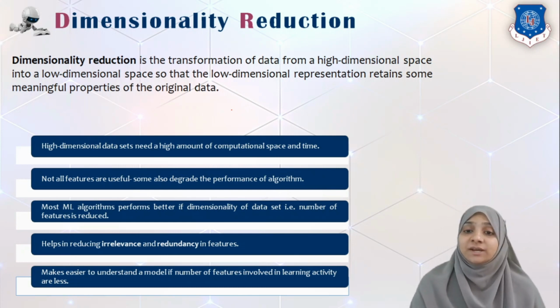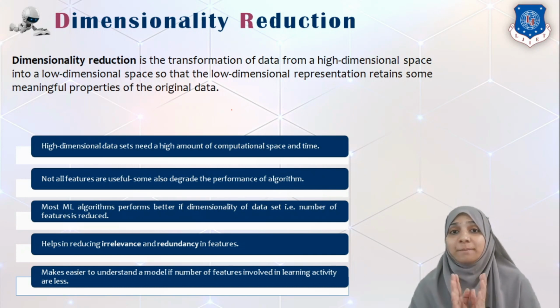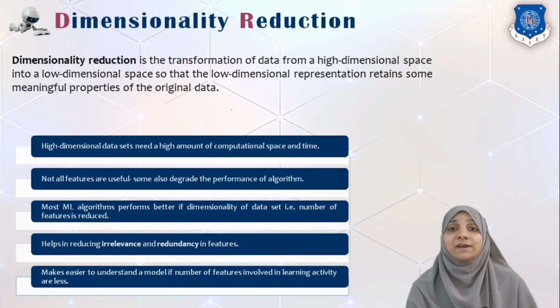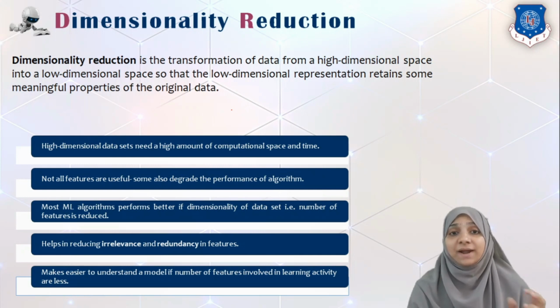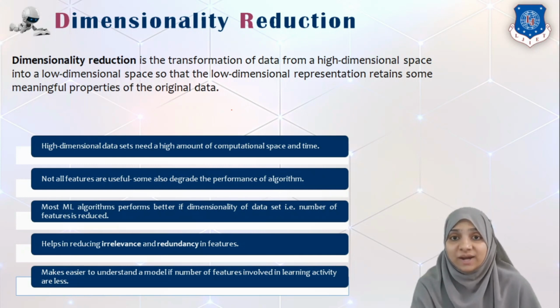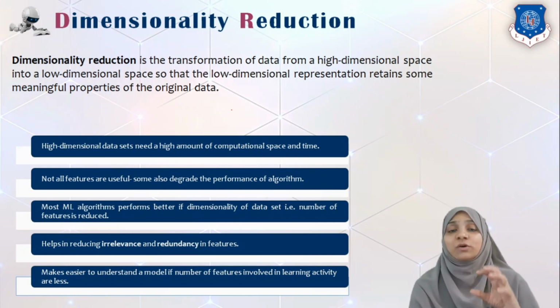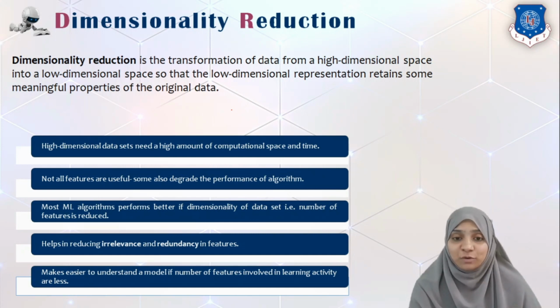Most machine learning algorithms perform better if the dimensionality is reduced. That means my attributes are less in number. Now, attributes, if required, need to be supplied, but irrelevant attributes are not required. Irrelevant attributes only slow down or degrade the performance of a model.